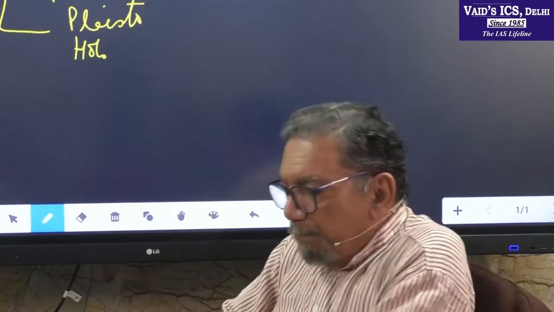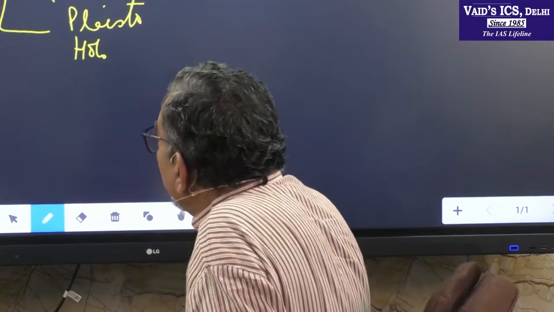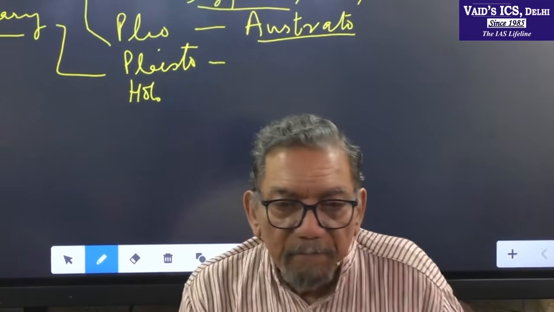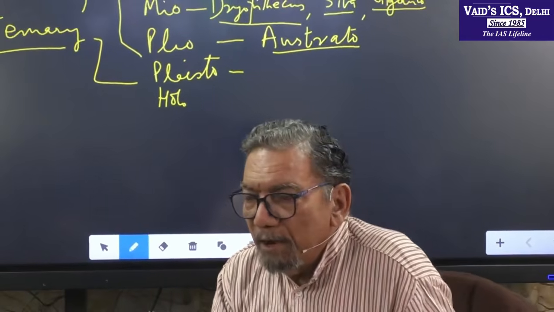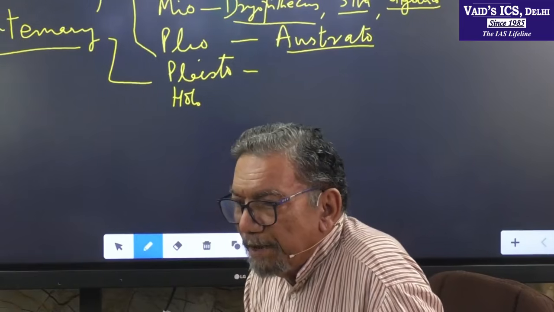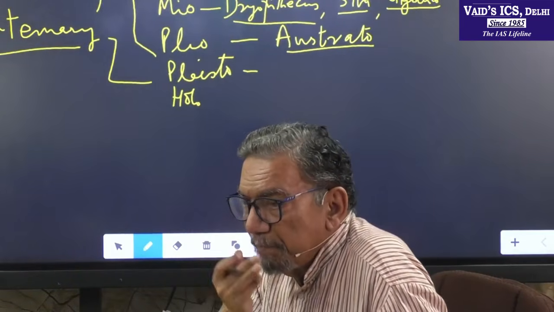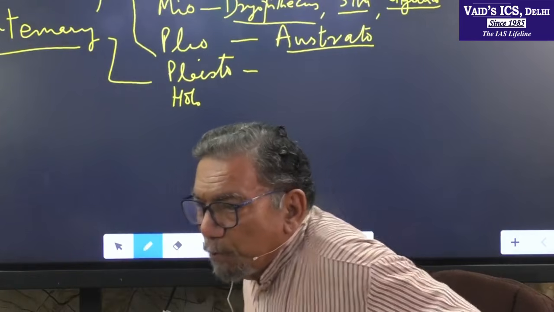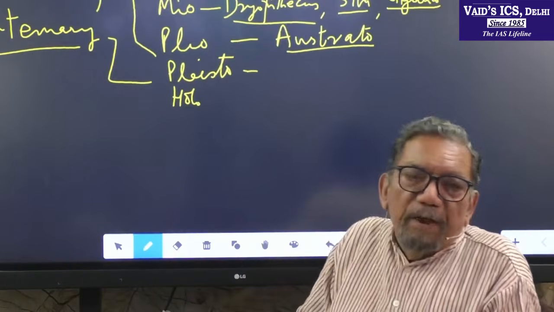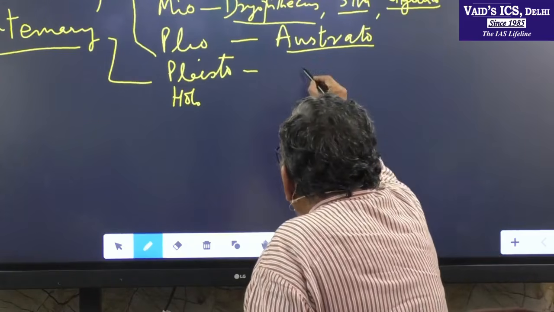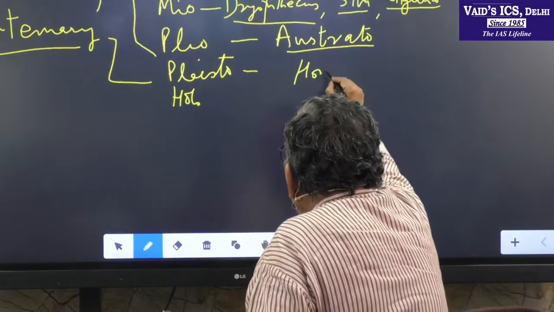Then most important period of human evolution is Pleistocene. Started about 2.58 million years ago. And first evolved Homo erectus.